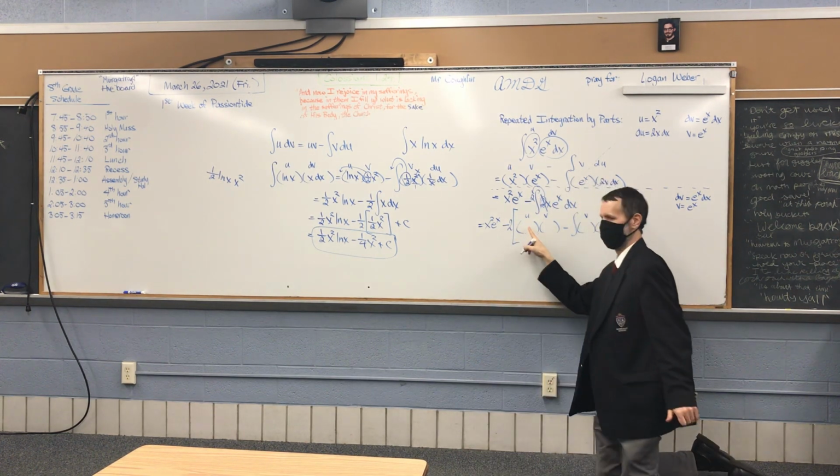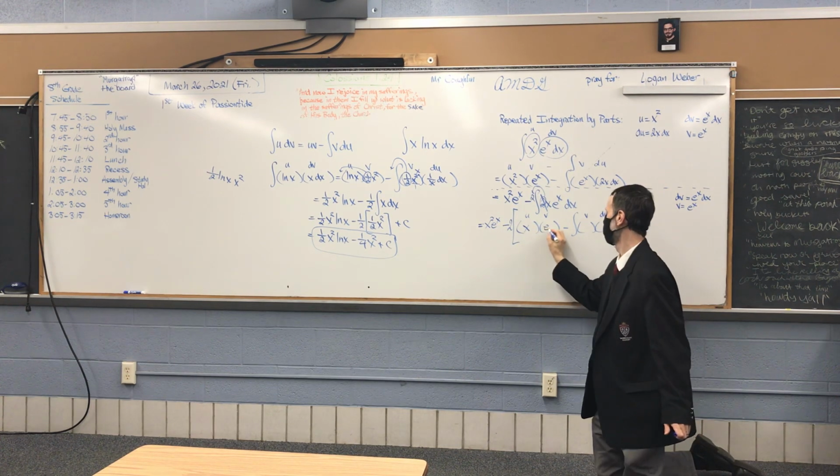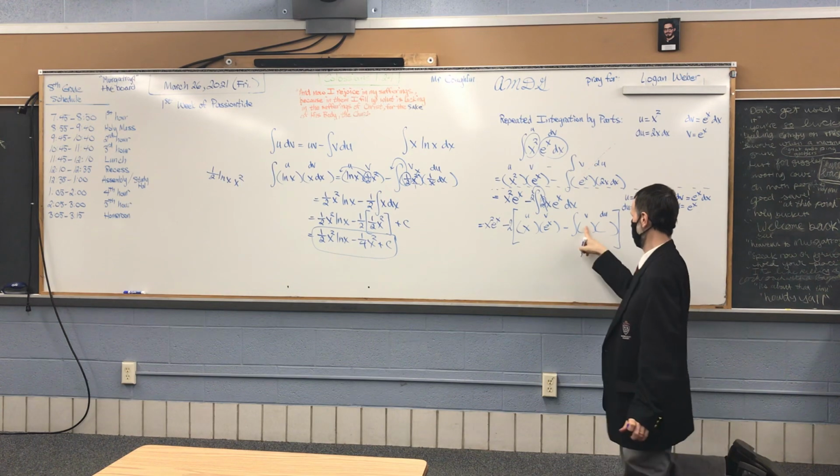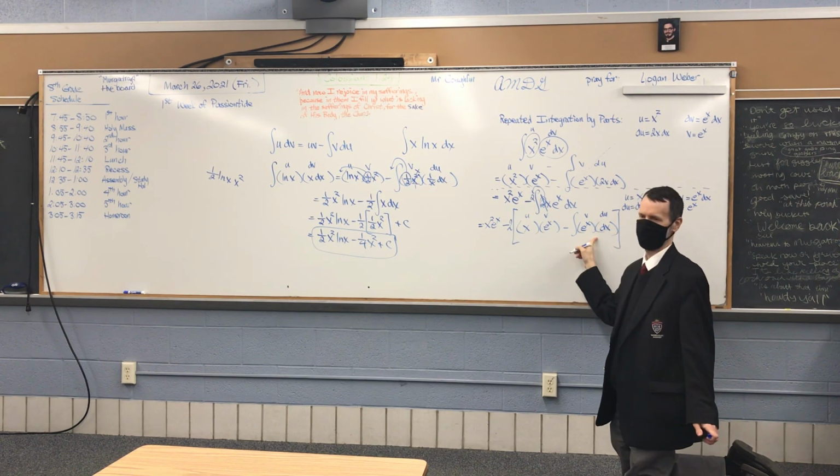So what's u? x. What's v? e to the x. Minus the integral of e to the x dx. That's finally a normal integral.